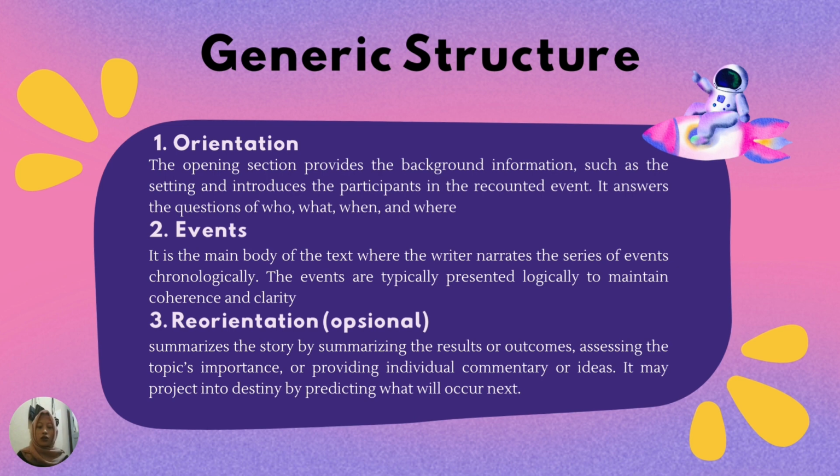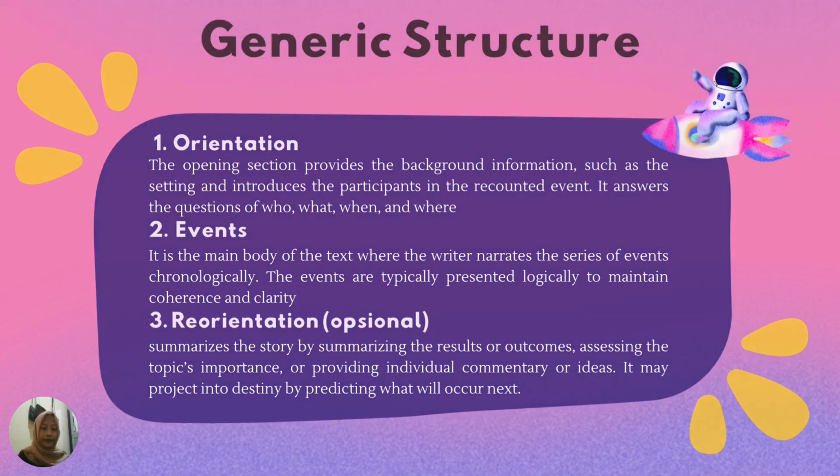You can choose to use it or not. It's your decision. Reorientation summarizes the story by summarizing the results or outcomes, assessing the topic's importance, or providing individual commentary or ideas. It may project into the future by predicting what will occur next.